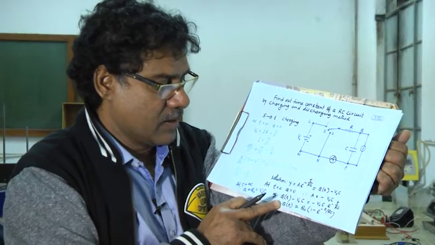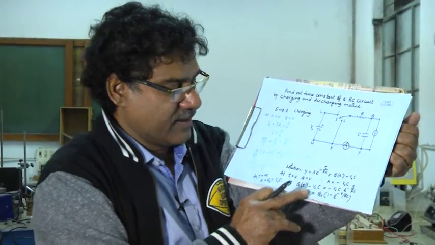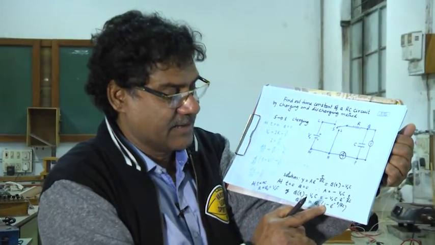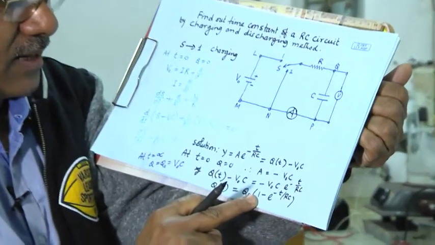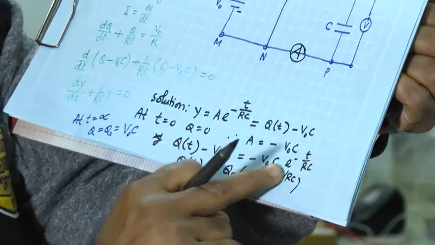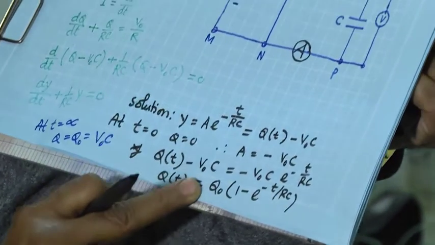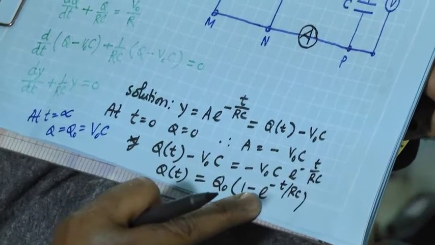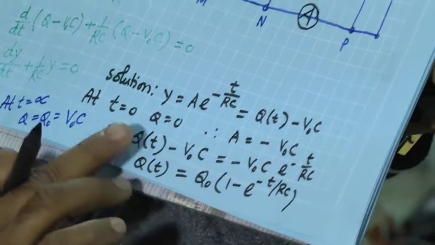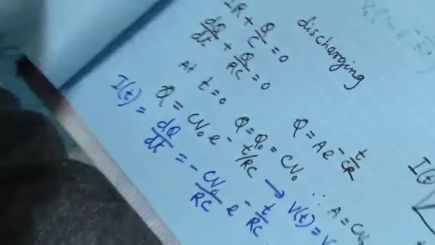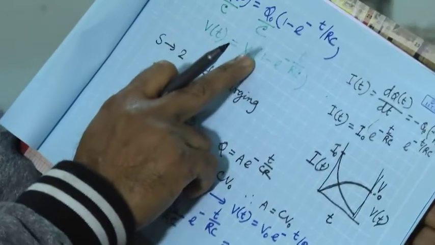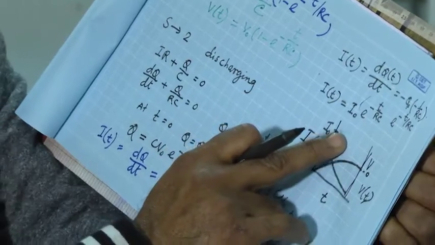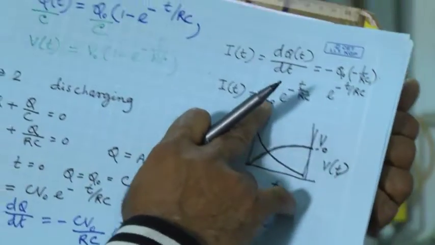During charging, the charge will be 1 minus 1 by e times Q0, or 1 minus 1 by e times V0, or the current will be 1 by e times I0.